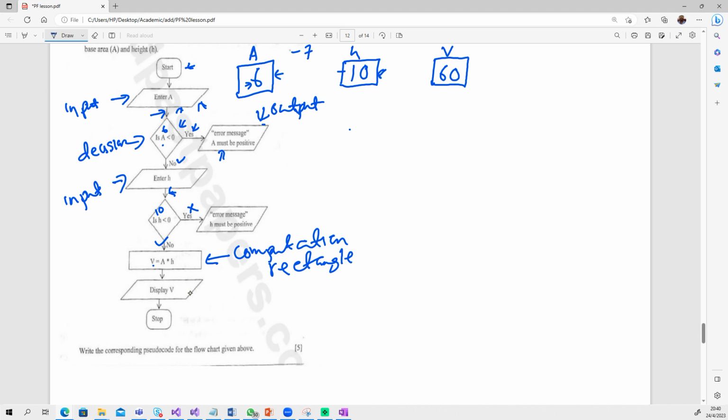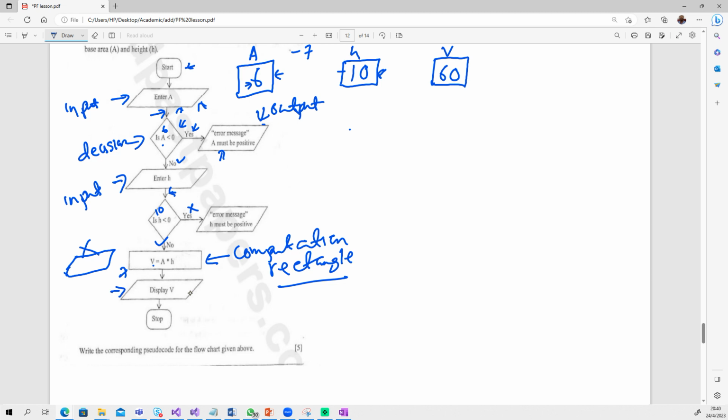Hence we use the rectangle. It would be a mistake here to represent this by means of a shape like this. It would be a mistake because this is not input, so we can't use this. Okay, this is processing.